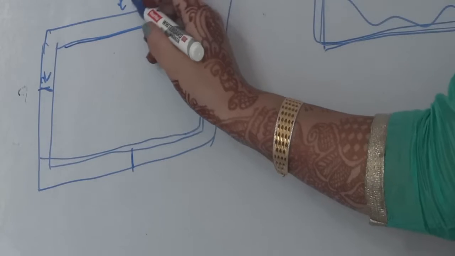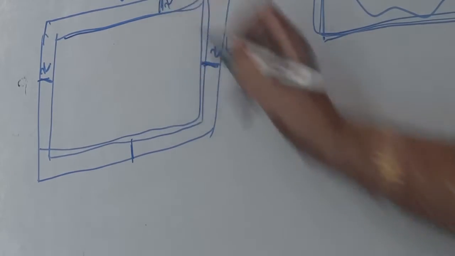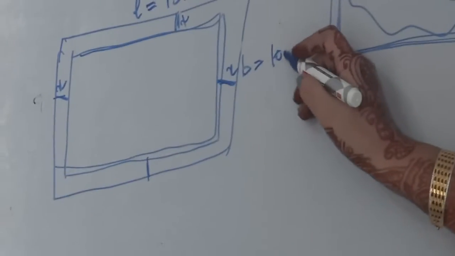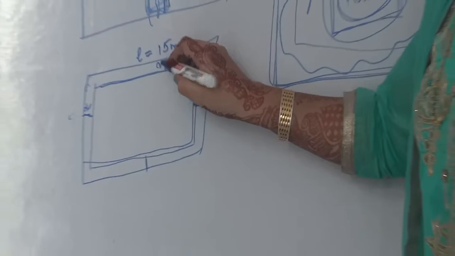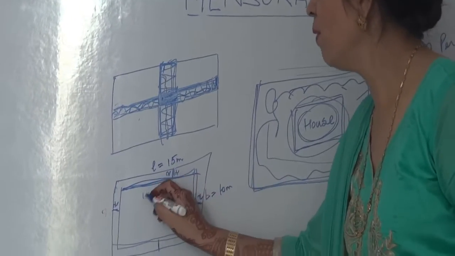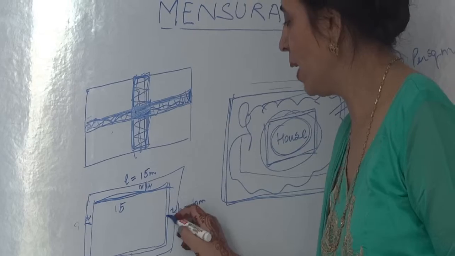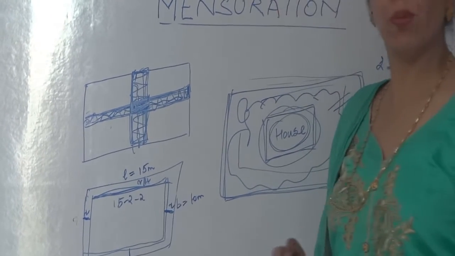Suppose our land measurement is 15 meters. It is the length, and say for example you have a 10 meter breadth of the land and your pathway is 2 meters. So the inner length of the land will be 15 minus 2 and minus 2. These minus 2 are from both the sides.